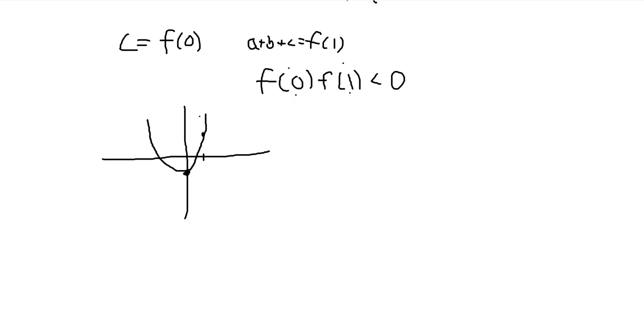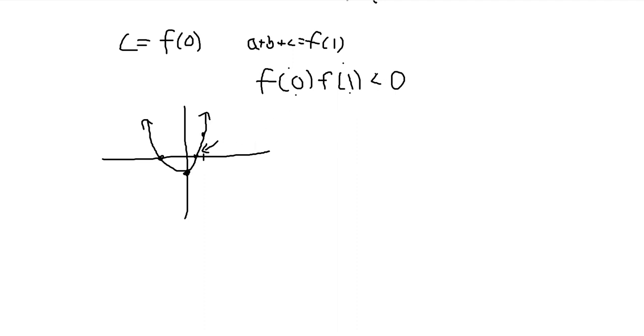And just by sketching that, we see that we have to hit the x-axis, because f of 0 is negative and f of 1 is positive, and so the intermediate value theorem implies the existence of a root between 0 and 1.